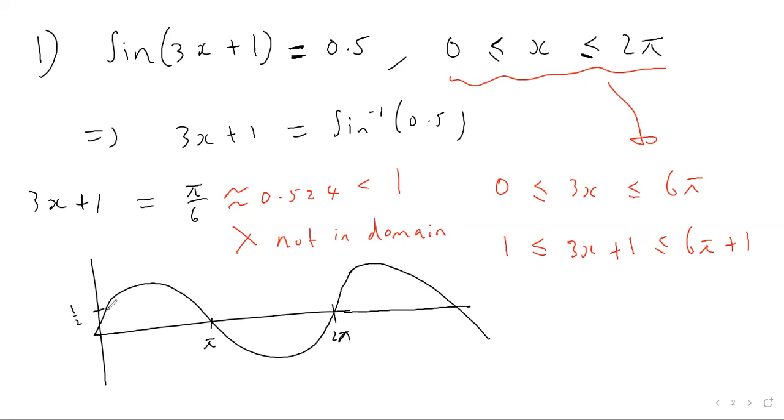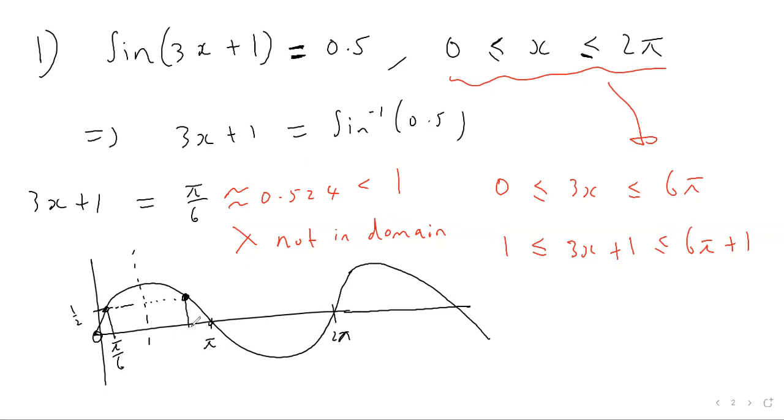The first value that we got was pi over 6, so that was about 0.5. Now, what would this value be if we go across on our sine graph? We get another value there, which is pi take away pi over 6. Remember, this is symmetrical. Between 0 and pi, the sine graph is symmetrical with a line of symmetry at x equals pi over 2, halfway there.